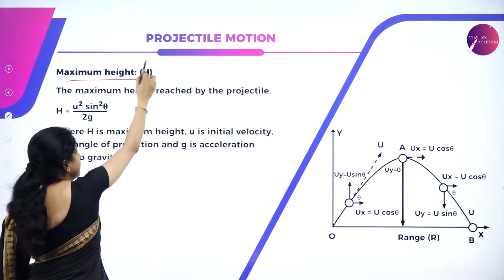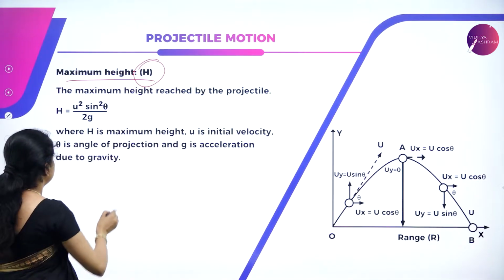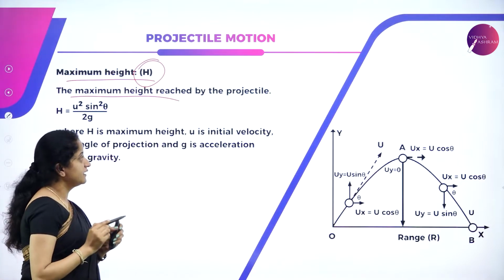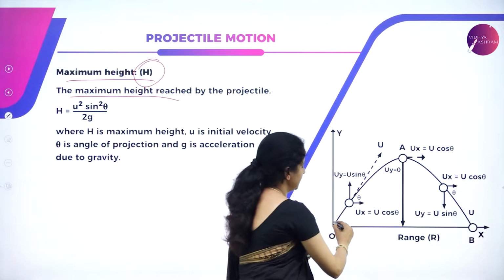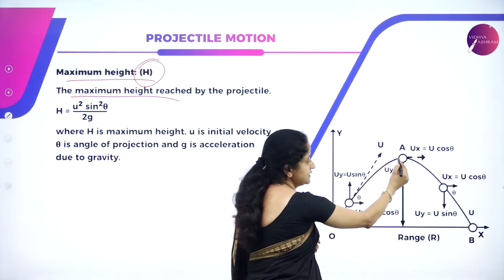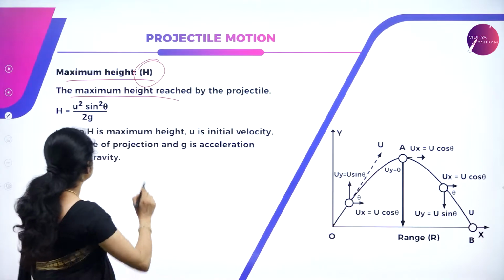Maximum height is denoted by capital H. What is the meaning of maximum height in a projectile motion? The maximum height reached by the projectile is nothing but the maximum height. So here the object is projected into space and this is the maximum height that the object can reach.